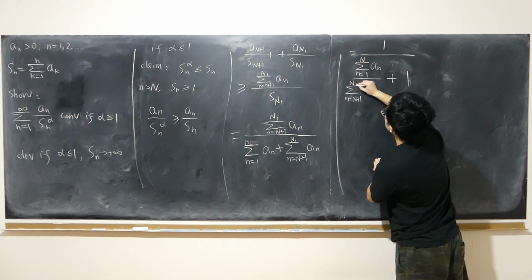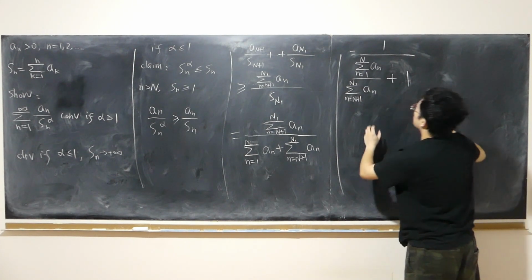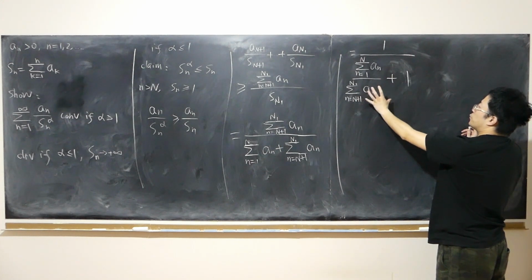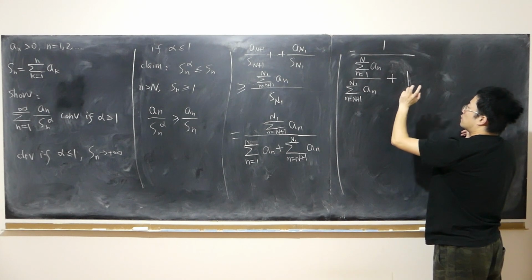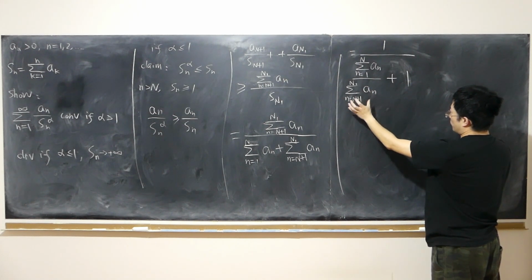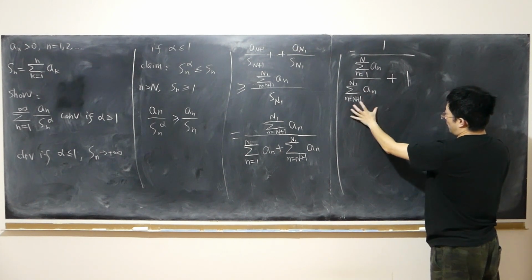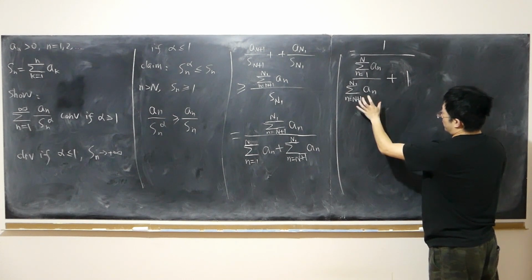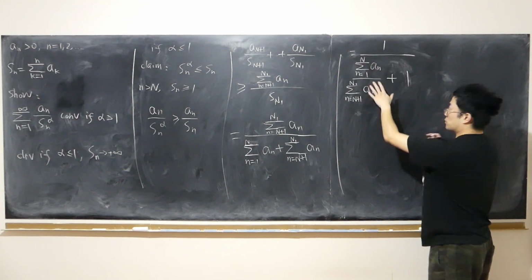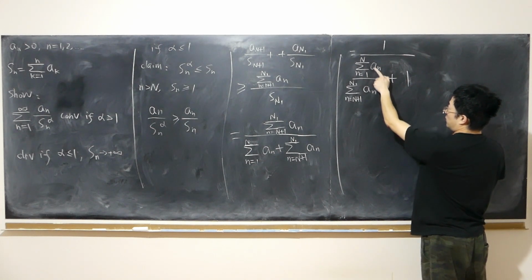Now, in this case, I claim that as long as capital N1 is big enough, we can make sure that this partial sum is going to be bigger than this partial sum, right? Because remember, this partial sum is also fixed. Capital N is fixed.